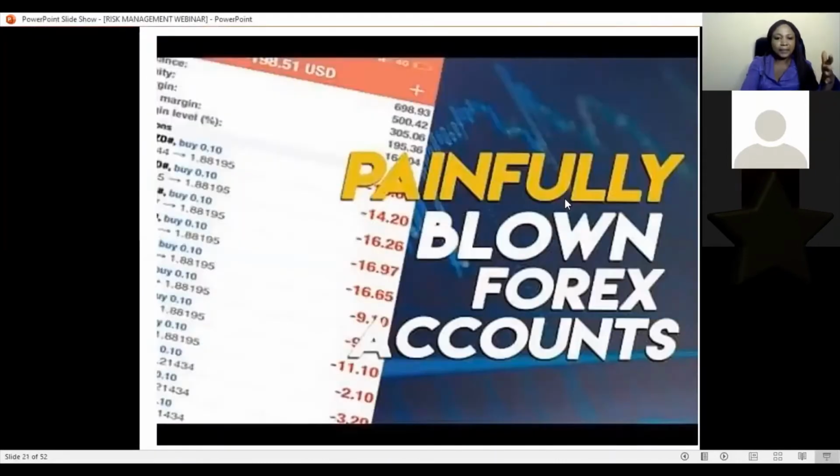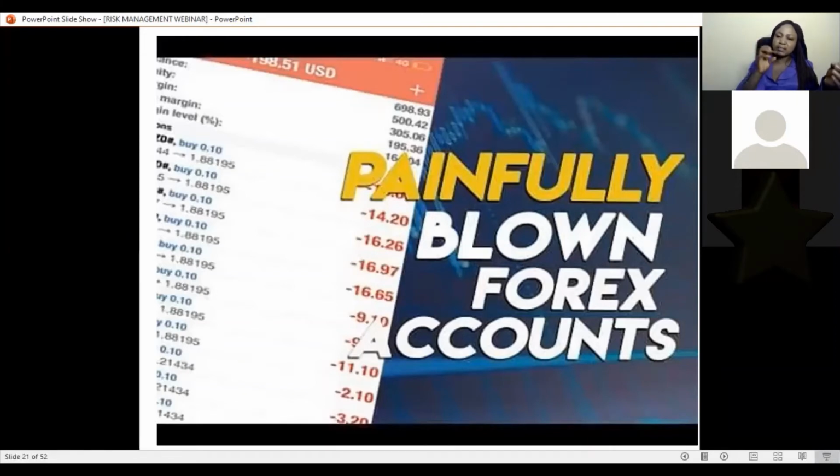So this is what can happen if you don't manage your risk. Blown accounts. One of the things you want to master in your trading business is how to mitigate the risk of ruin, and you want to learn to preserve your capital.